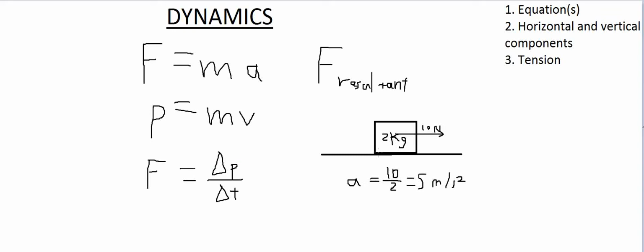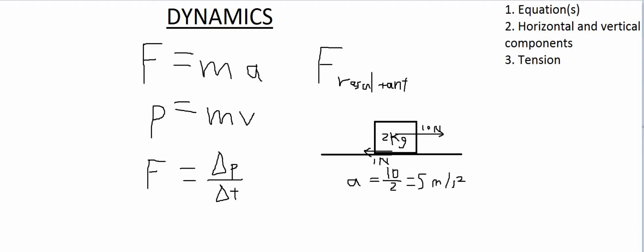Let's say there's another force, a frictional force, acting in the opposite direction, with a magnitude of 1 newton. Then the resultant force isn't 10 anymore, but it's 10 minus 1, which is 9.